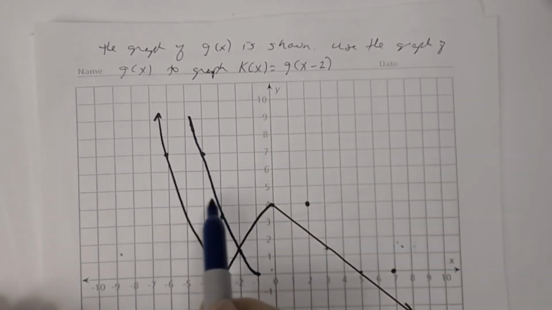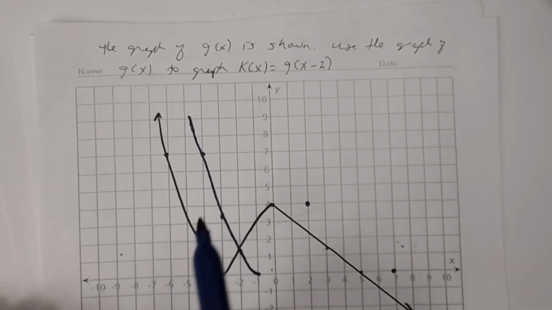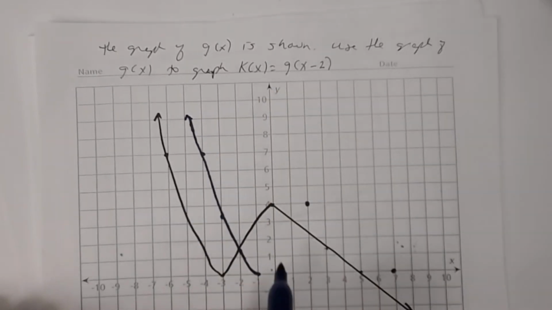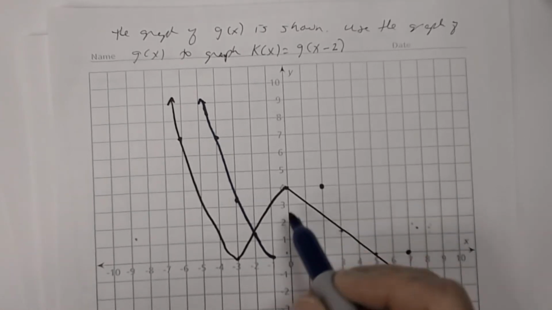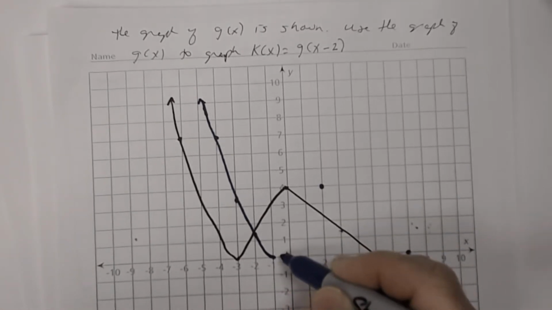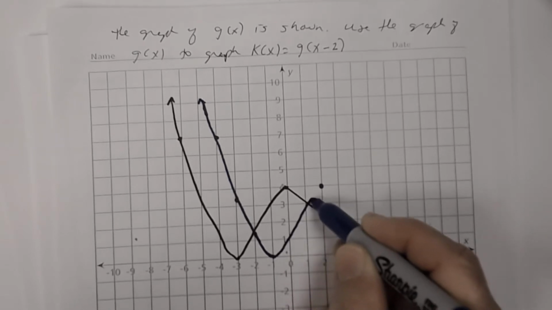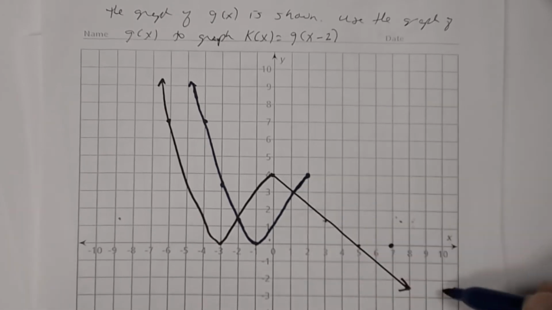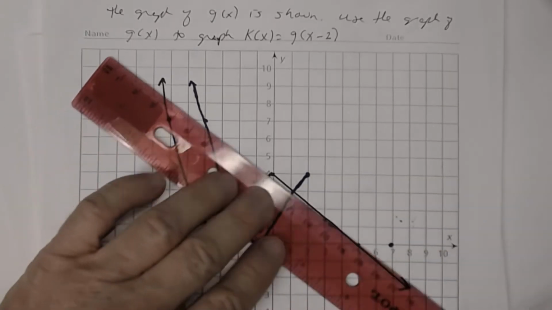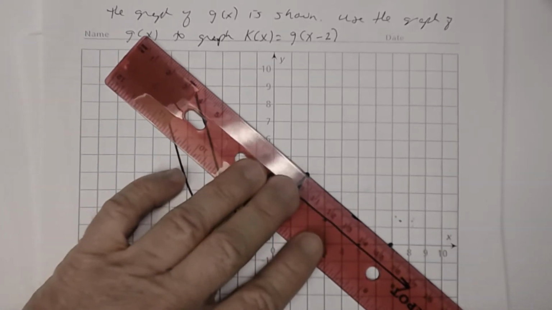See how I make these distances that look the same? Okay, that's important. Got to make sure those distances are the same. And then you have a curve that does this, so I think we can do a little bit better just without having to do any more points. Something like that, see that? And then this looks like a ray, so I'm just going to go ahead and just connect those points.